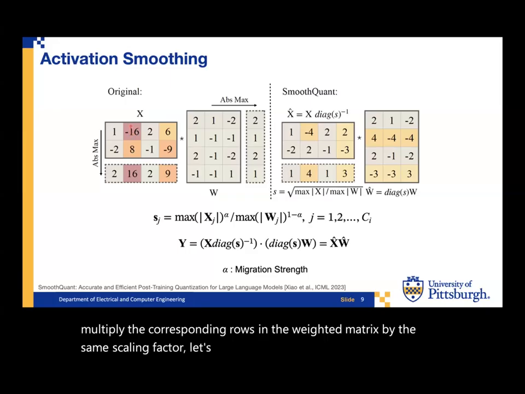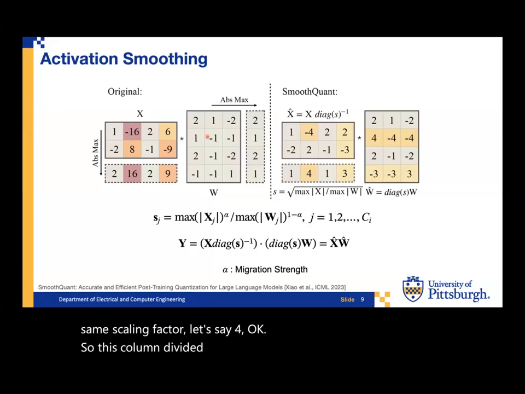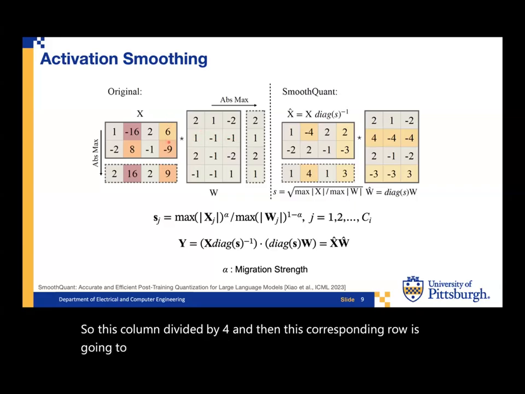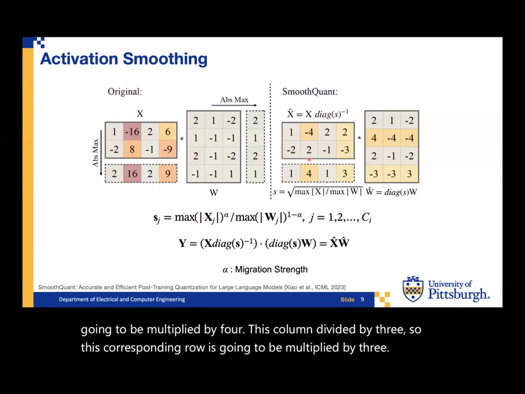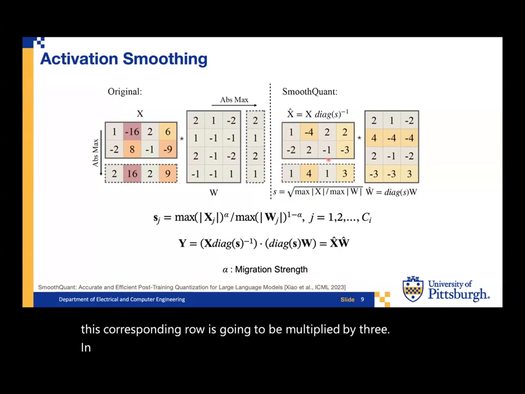So this column is divided by 4, and the corresponding row is multiplied by 4. This column is divided by 3, so the corresponding row is multiplied by 3. In this way, we get these two transformed matrices.